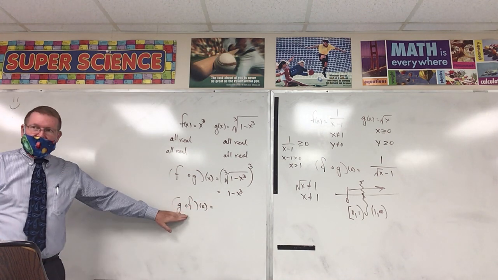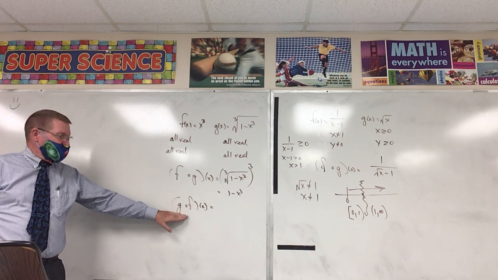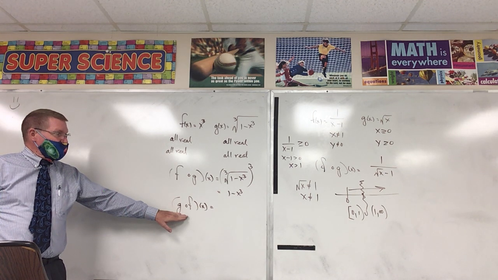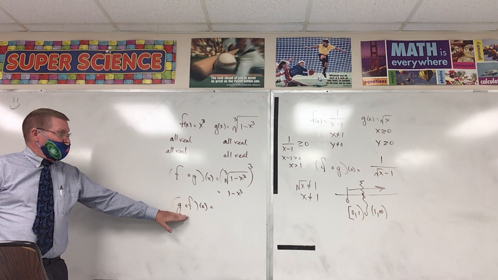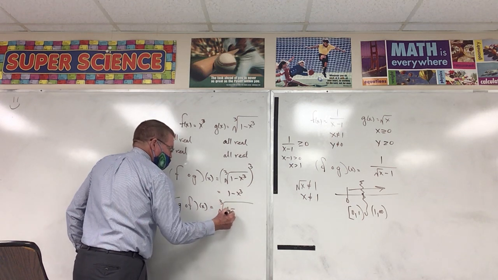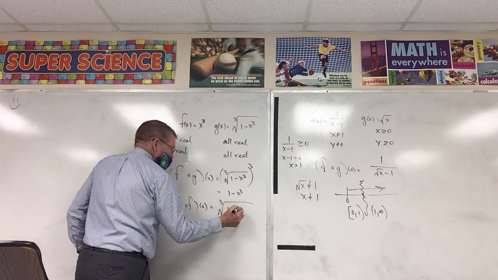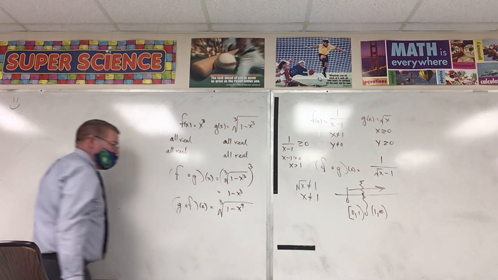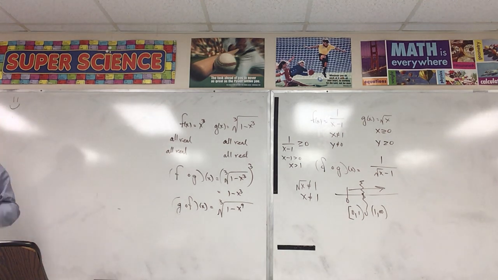Alright, so what's my function, Isaiah? You plug f into g. So it would be the cube root of 1 minus x cubed, cubed, which is x, right? Or x to the 9th. I don't know why I said 1. Okay, x to the 9th.